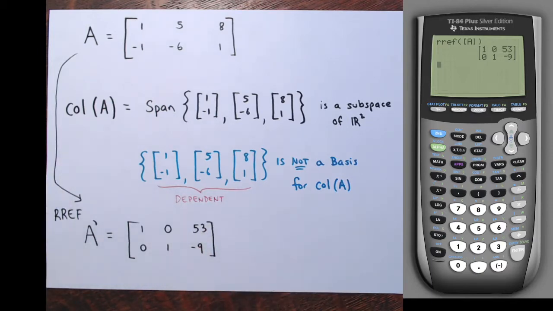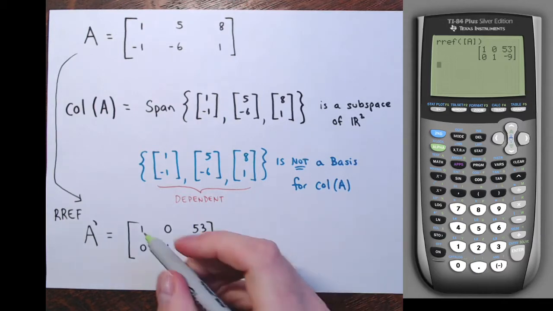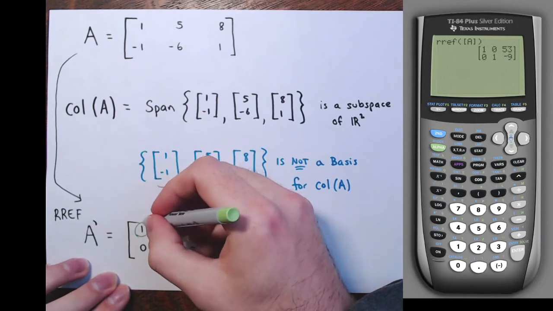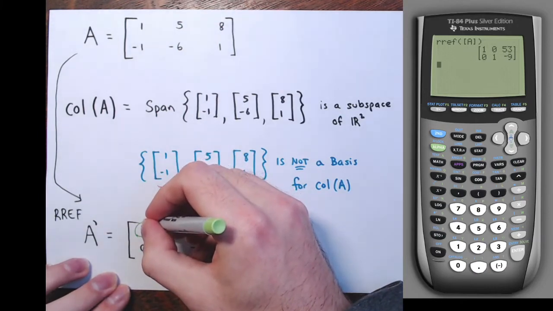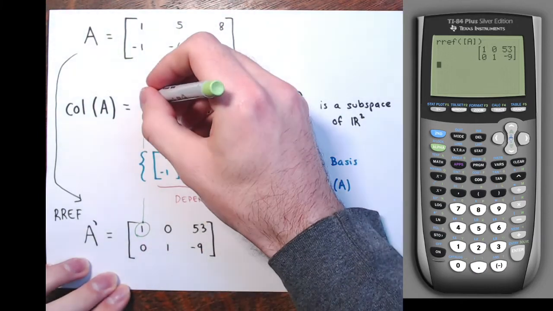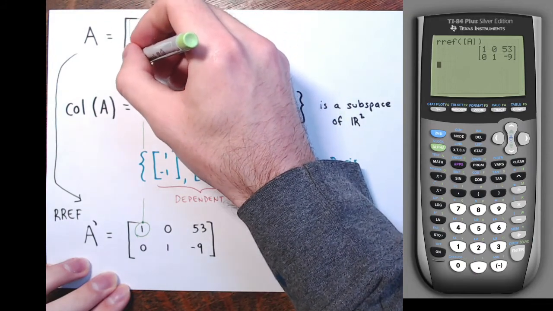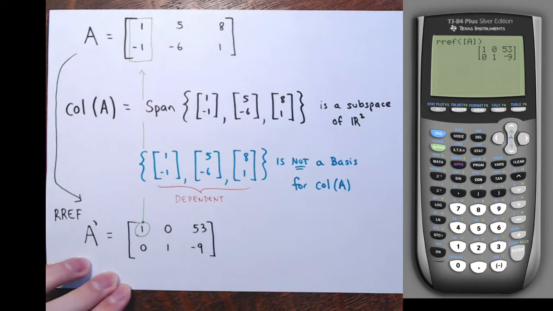And then to find a basis for this column space, you look for the pivot columns, where these leading ones are. So this first column has a leading one. That means that the first column of the original matrix will be part of my basis.